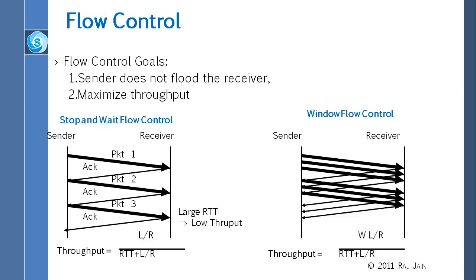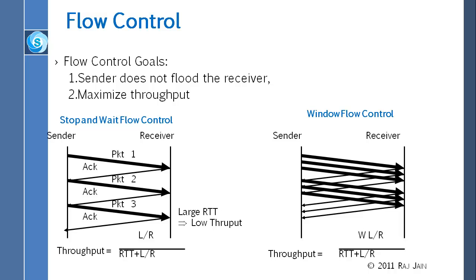If L is the length of the packet and R is the rate, it will take L upon R, the width of this thick line, to put the packet on the wire, and then it will take 1 round trip delay before you can put the next packet on the wire.